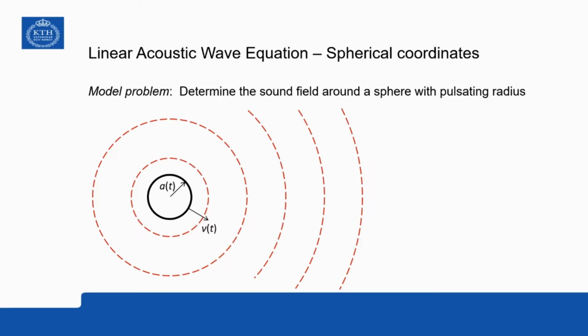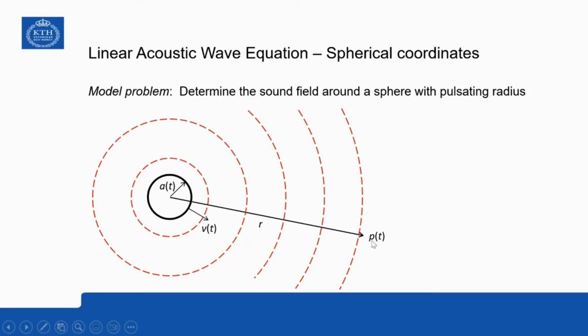Assume also that the velocity of a point on the spherical boundary is denoted v, and it's also time dependent, of course. In an observation point, a certain distance r from the center of the sphere, the sound pressure is denoted p.